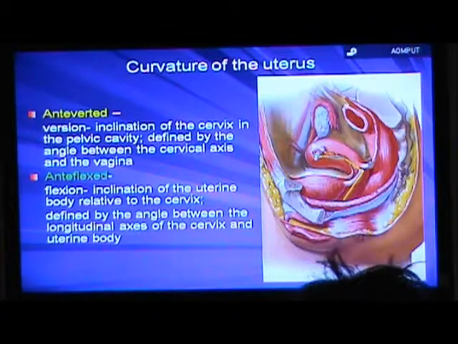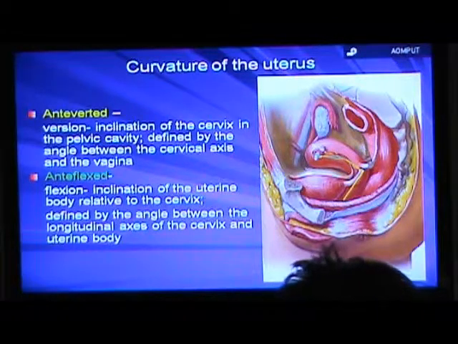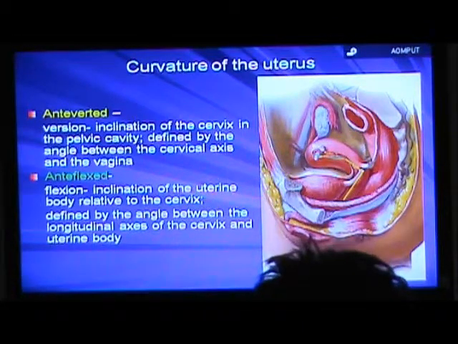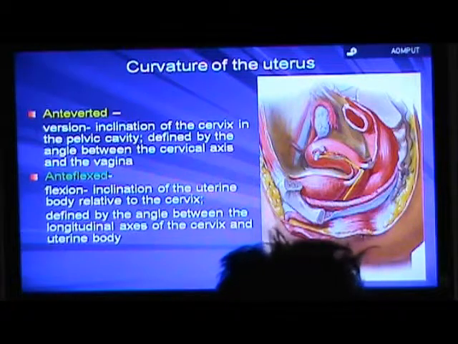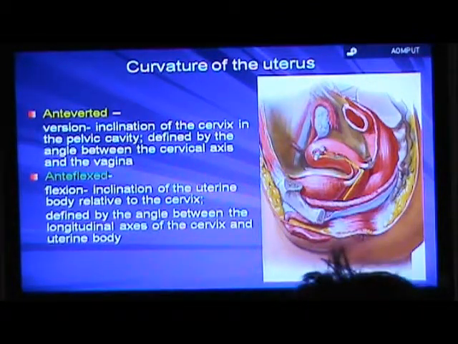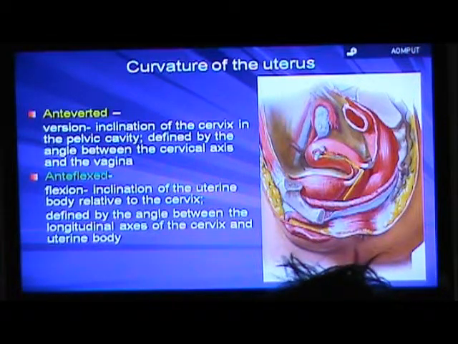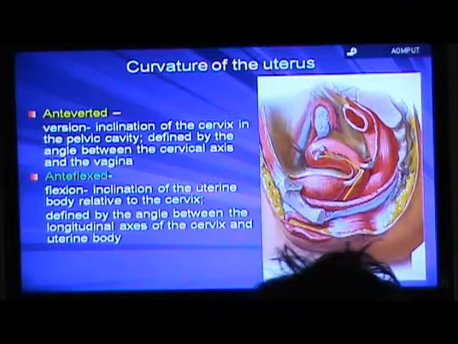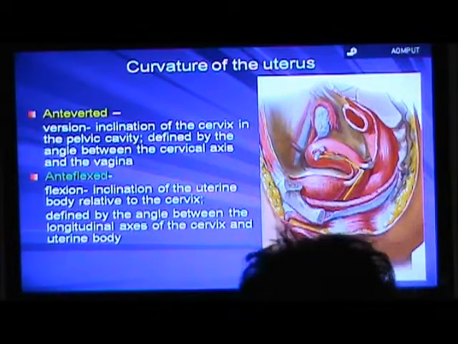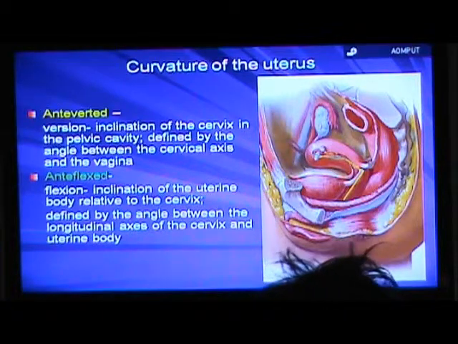It's an inclination of the cervix in the pelvic cavity, defined by the angle between the cervical axis and the vagina. So look, it forms the angle between the cervix and the vagina. So anteverted uterus, it's the correct position of the uterus.